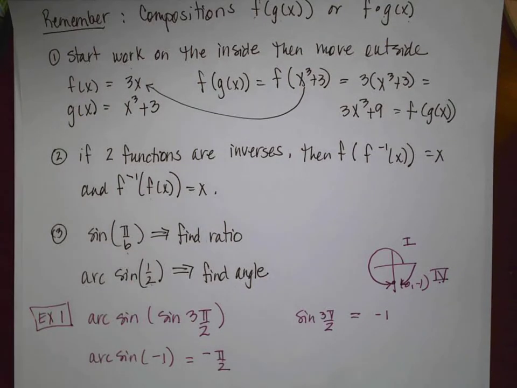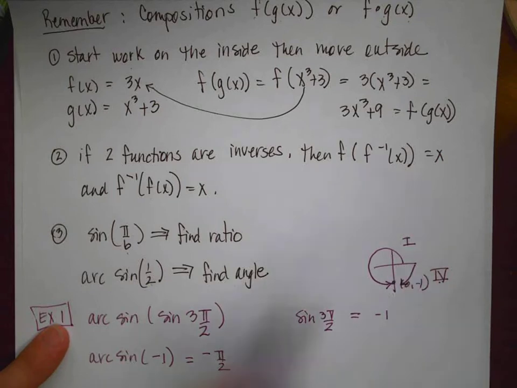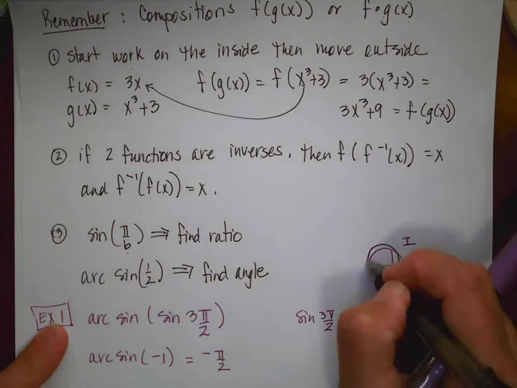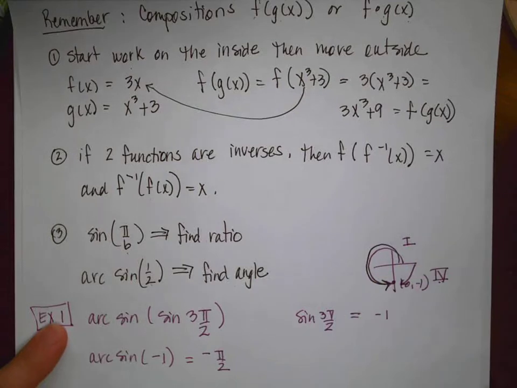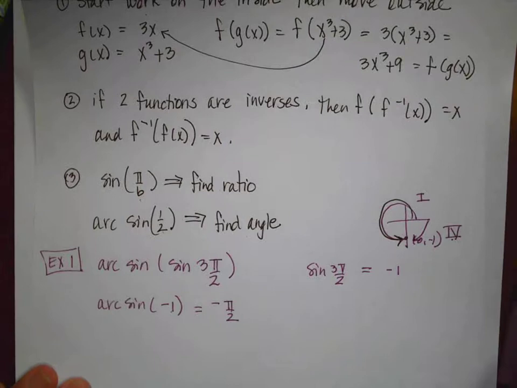It's really important to remember that for my arcs, especially for sine and tangent, I can only do this rotation and this rotation. I can't go all the way around the circle to get to the same point, okay?